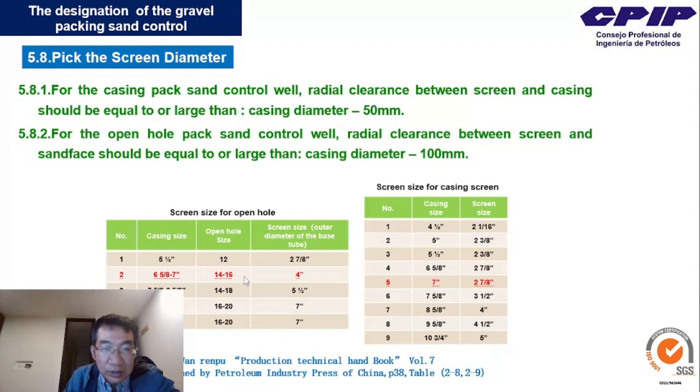The open hole size is 14 to 16, and the screen size is 4 inch, and the casing size is 7.58 to 8.58 inch, and the open hole size is 14 to 18, and the screen size is 5.5, and the casing size is 9.58 inch.